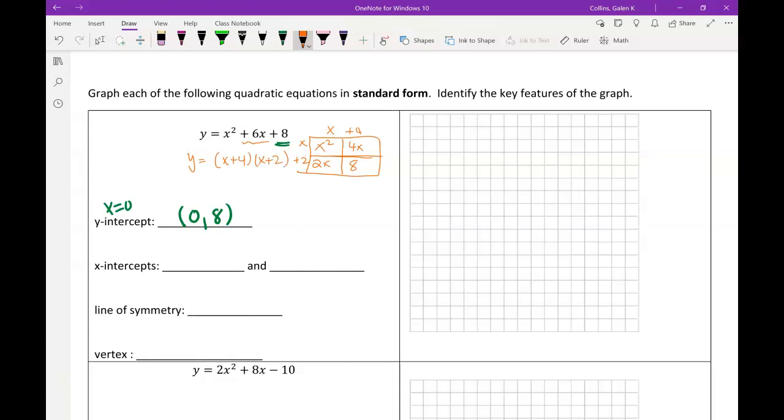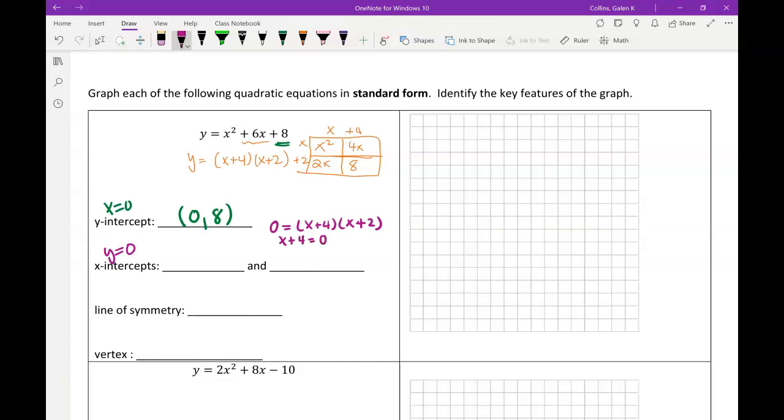All right, now when we find our x-intercepts, remember, this is where y is 0. If I set this equation in factored form equal to 0, we learned that this is called the zero product property: any value of x that makes either of my factors 0 is going to make our y value 0. So one at a time, we want to consider each of these.